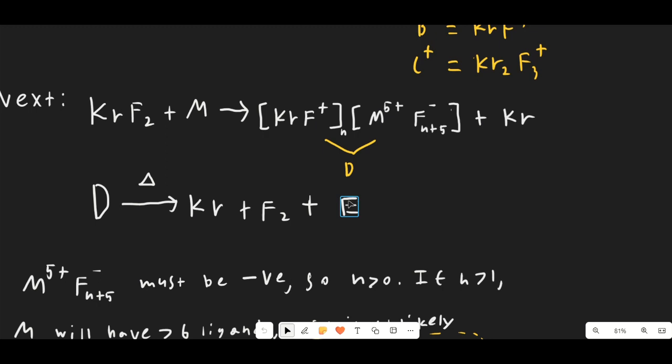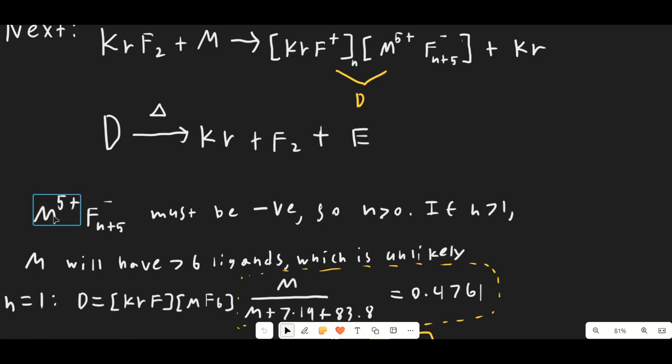So we can actually assume that E is going to be pretty much the same formula as this anion. It may have fewer or more fluorides, obviously, because of the negative charge, but it's going to be essentially the same compound here. So, first of all, we know that M+5, and then however many fluoride ions we have here, has to have a negative charge.